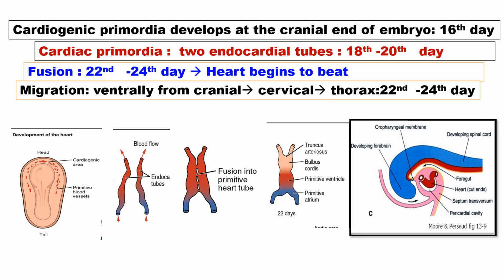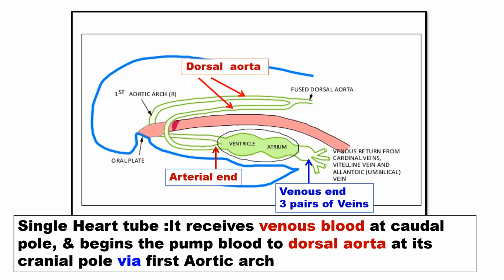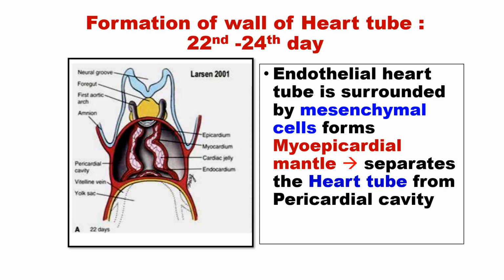Migration ventrally from the cranial region to the cervical and finally to the thoracic region also occurs around the 22nd to 24th day. The single heart tube receives venous blood at the caudal pole by three pairs of veins. It begins to pump blood to the dorsal aorta at the cranial pole via the first pair of aortic arches. Formation of the wall of the heart tube also occurs around the 22nd to 24th day.